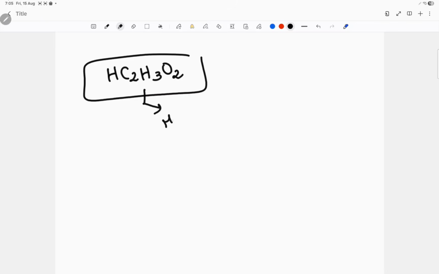Do you consider this acid a polyprotic acid? No. Why? How many H's can it lose? Just 1, because the H's on the carbon don't get lost. If you can only lose 1 H, it's called a monoprotic acid. Only 1 H is on the O and the rest are on the C, and H on the C will never get lost.